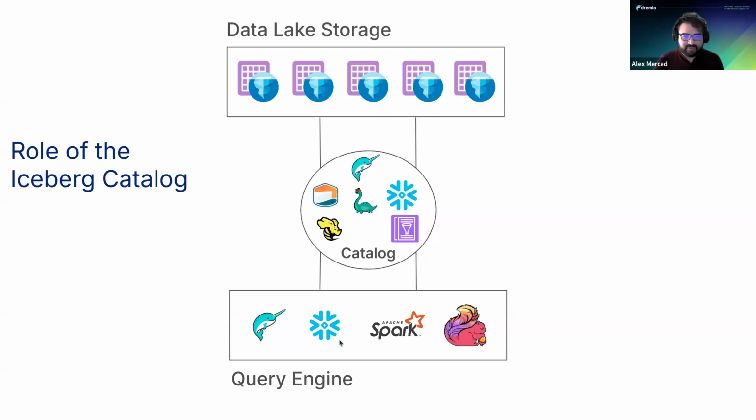Any tool, so Dremio, Snowflake, Spark, Flink, in this example, would contact one of many different catalogs that exist, whichever one you choose to use, and say, "Hey, I'm looking for table A." And the catalog would say, "The current metadata.json for table A is located here on your storage." That would allow the engine to then run and create the scan plan. And that's essentially how these work.